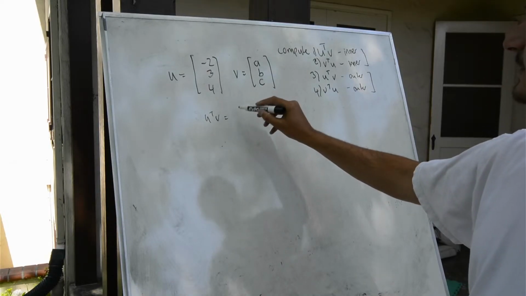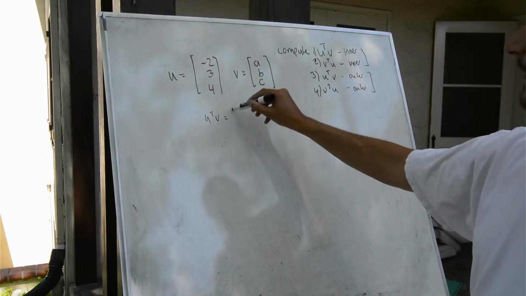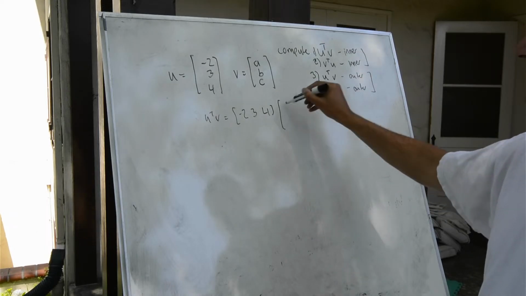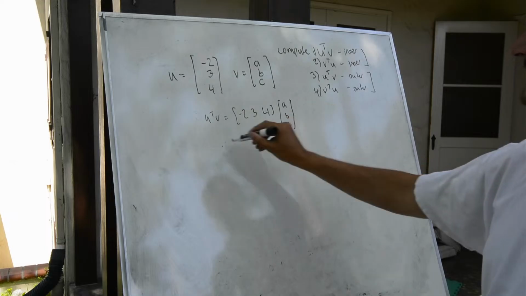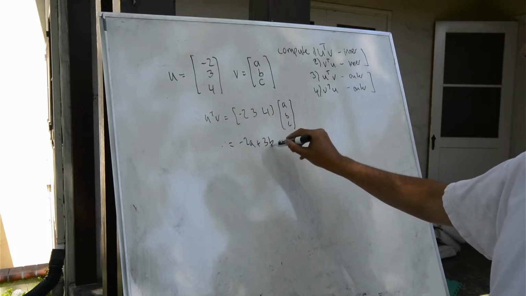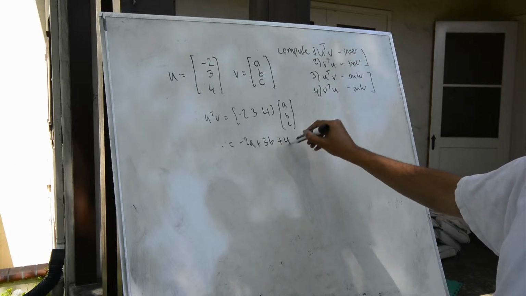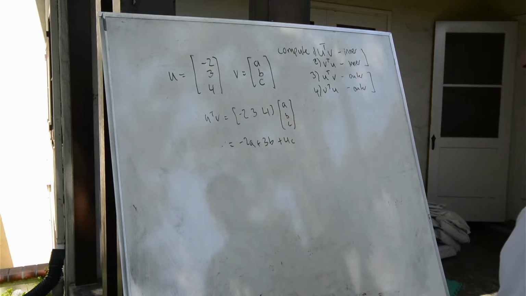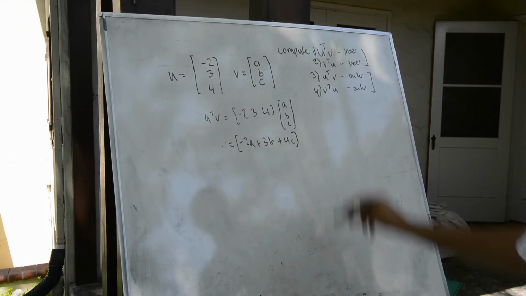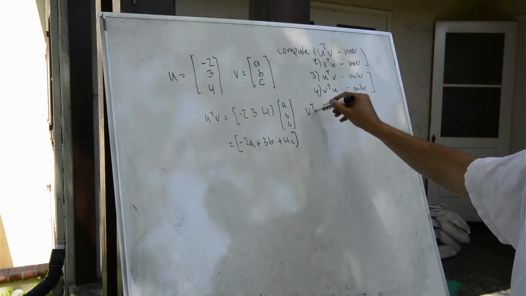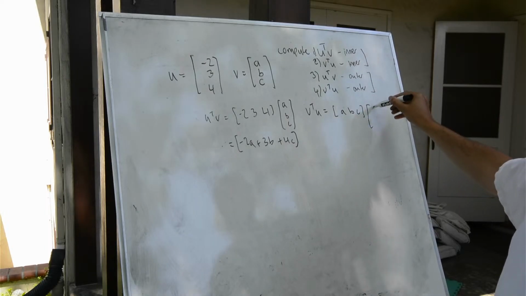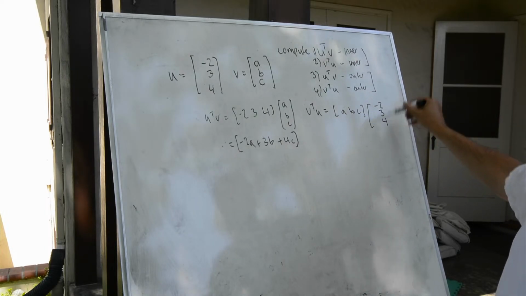All right, so UTV is going to be equal to [-2, 3, 4] times [A, B, C]. It's going to be equal to -2A plus 3B plus 4C. Now, VTU is going to be equal to ABC times -2, 3, and 4.